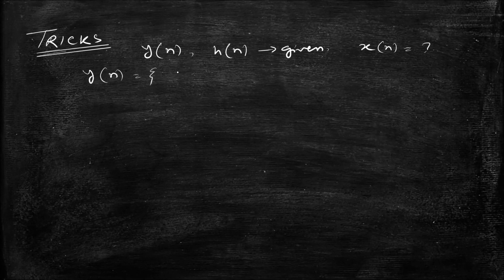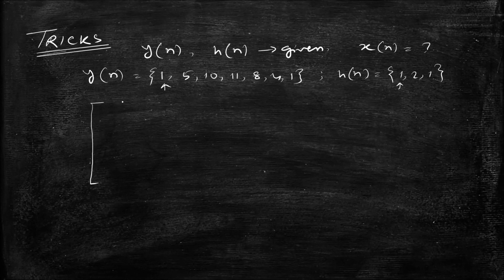Take the previous example. I am telling you the previous example: y of n is 1 5 10 11 8 4 1, and h of n is 1 2 1. This is given, and you have to find out x of n. First thing is to take the matrix.